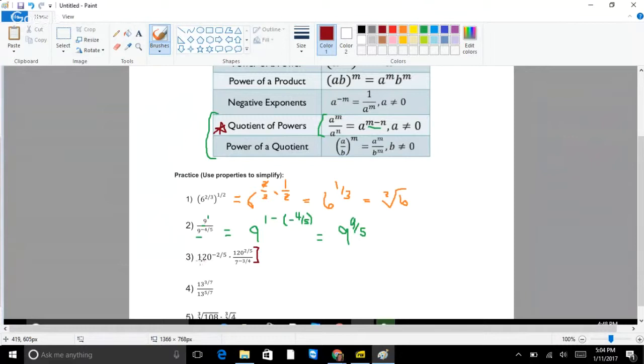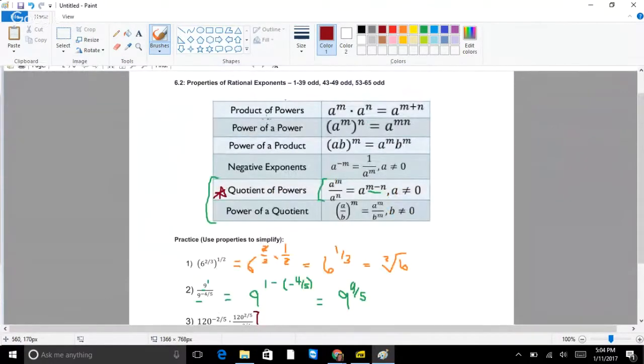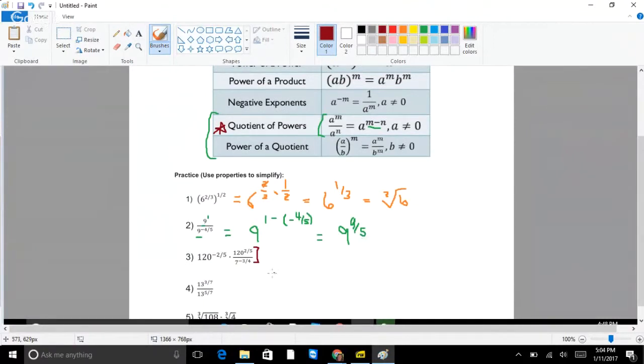So we have 120 to the negative 2/5 power times 120 to the positive 2/5 power. This is my product of powers, right? I have the same base, 120, and 2 fractions, so I'm going to add those 2 fractions together. So I have 120. I'm multiplying across the numerator, so assume this has a 1 at the bottom, right?